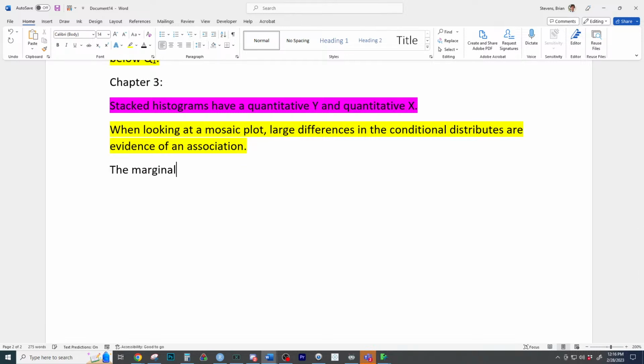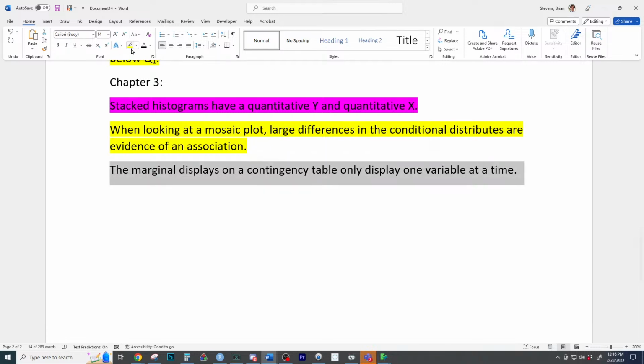True or false? The marginal displays on a contingency table only display one variable at a time. This is true.